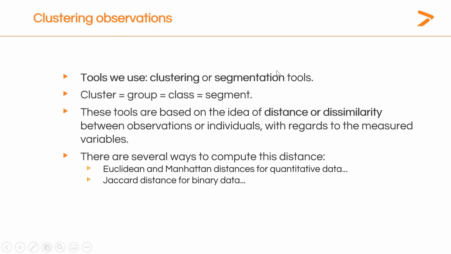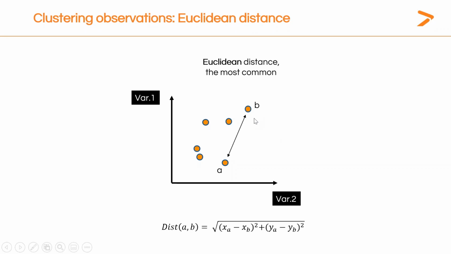So we are going to run a market segmentation in a way. A cluster corresponds to a group or to a class or to a segment. So these relate to the same idea. And these tools are based on the idea of distance or similarity between observations. There are several ways to compute distance, and the most common one is the Euclidean distance, which looks like this. So imagine we have a scatter plot of our consumers according to two variables, for instance, age and crunchy.